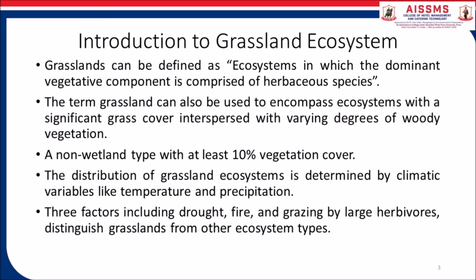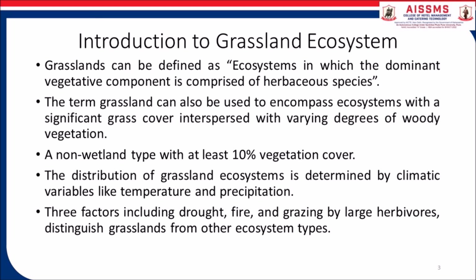First one, introduction to grassland ecosystem. Grassland can be defined as an ecosystem in which the dominant vegetative component comprises various herbaceous species.